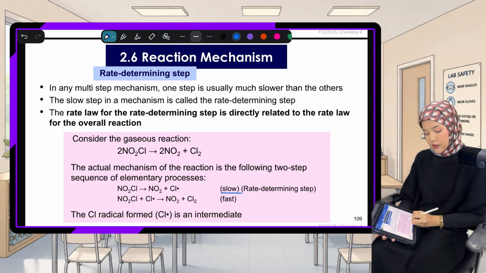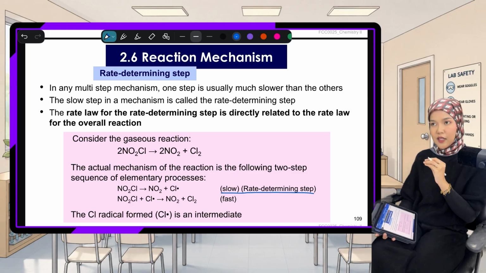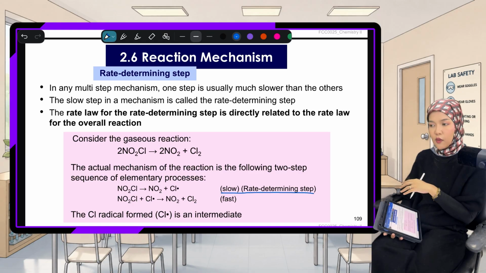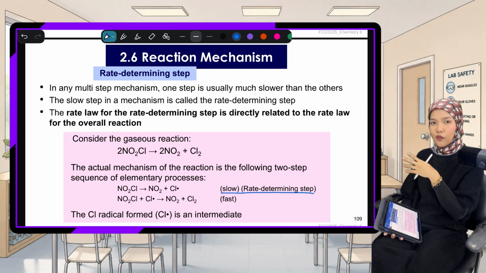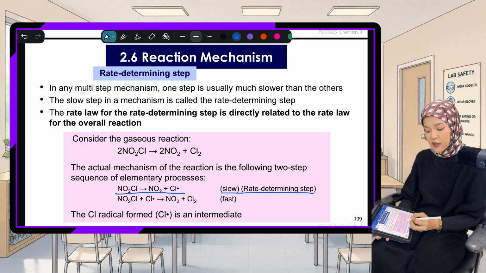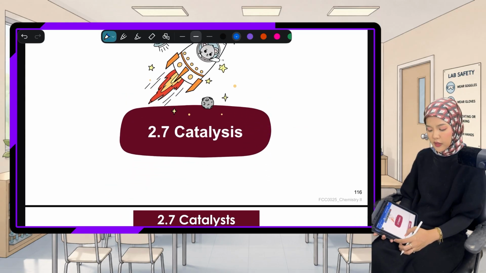Usually, the slowest one is the rate determining step, meaning they are the steps that define the rate of reaction. How long the overall reaction takes depends on the slowest reaction.